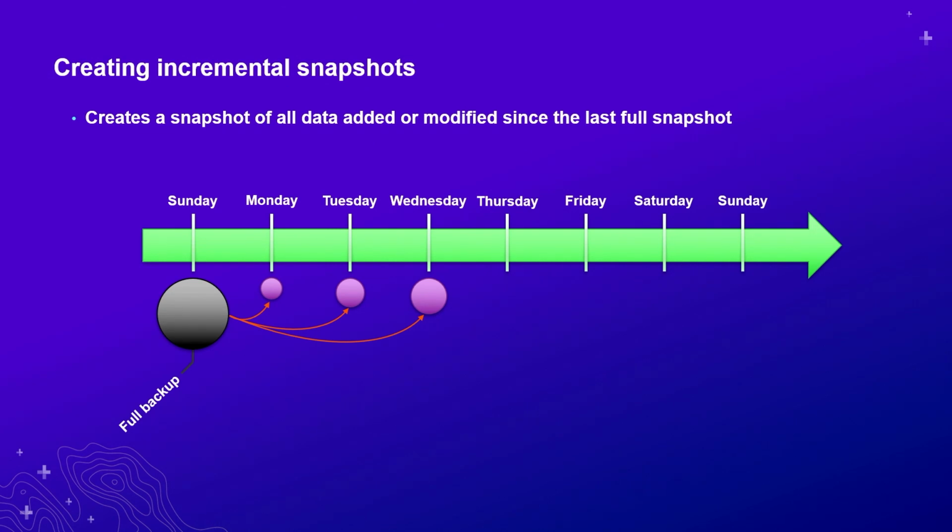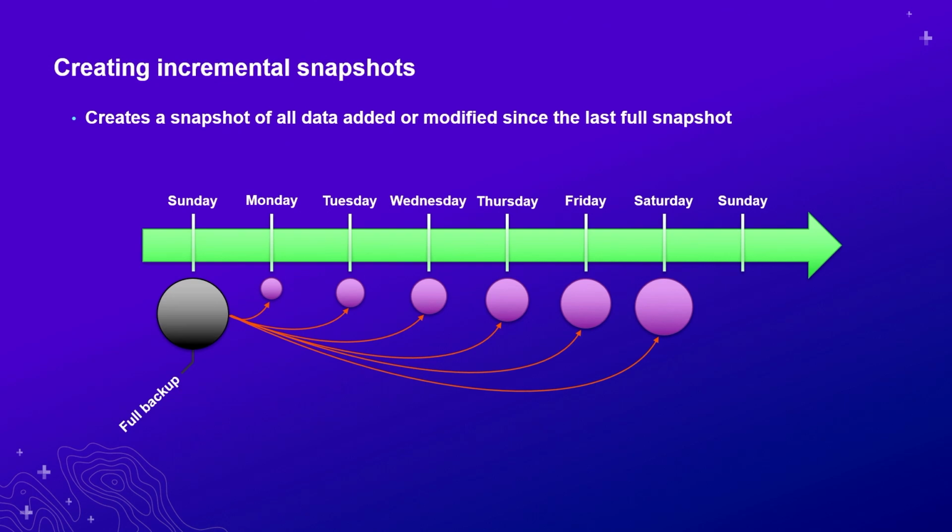As I continue on throughout the week, you can tell that the size of the incremental backups is going to increase, and soon it's going to be counterproductive to continue to create incremental backups. Once the full backup is created again, that'll reset the size of the incremental backup. So it's important to keep track and be aware of how long it takes to create your backups, and how much content is created in between incremental backups, so that you can correctly schedule your backups for your ArcGIS Enterprise.